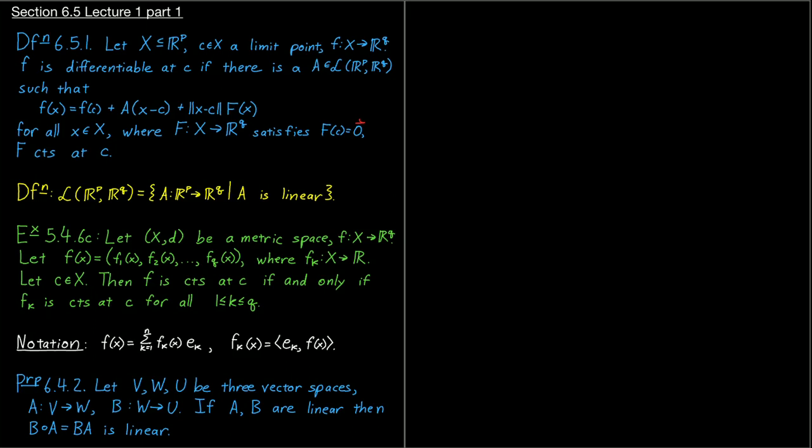Another fact, which is sufficiently straightforward that I think we will not bother with the proof of that. So let's let V, W be vector spaces. A and B are both linear functions.